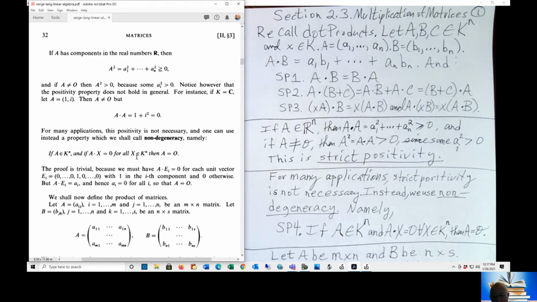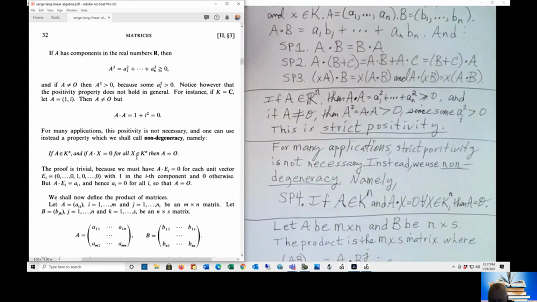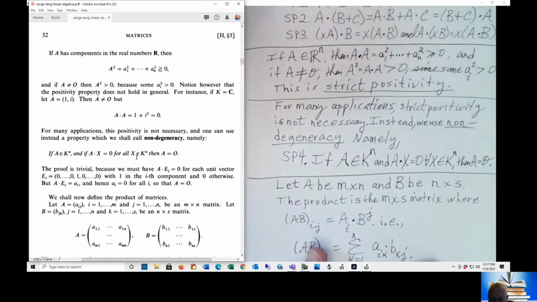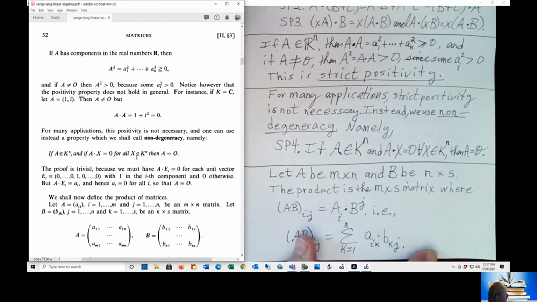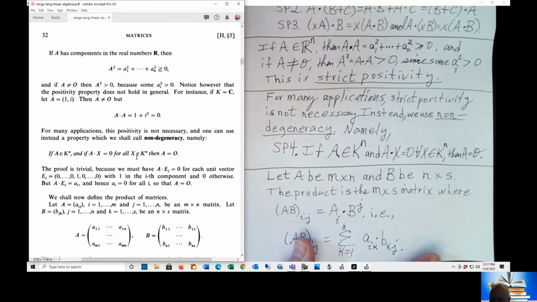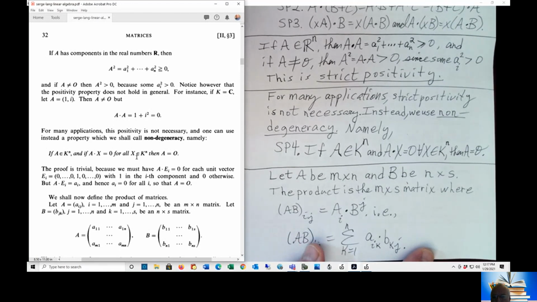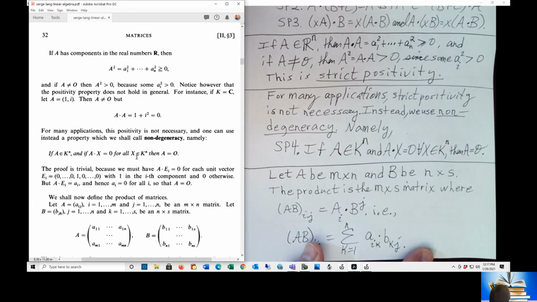Instead, we use another property called non-degeneracy, and I call this one SP4. SP4 says that if A is in Kn, and in particular, suppose that K is the complex numbers, and here's the definition of SP4.